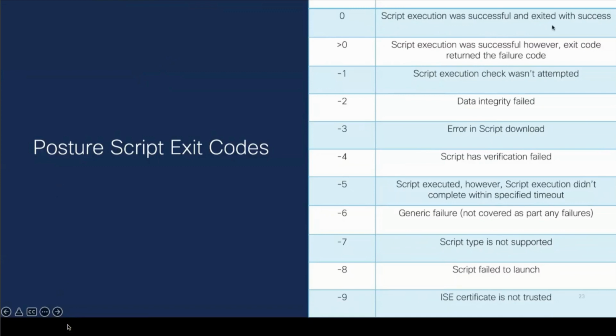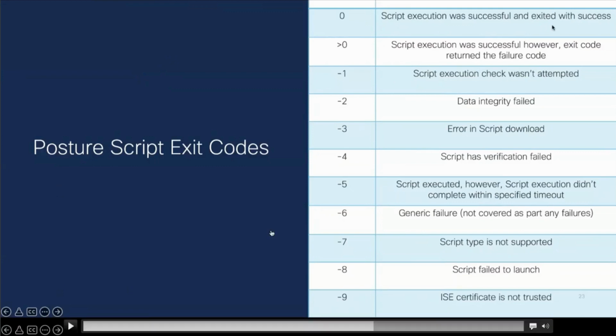So you might be wondering now, what are those exit codes, right? Those exit codes are for you to refer to whether the script execution was successful or failed, or even whether the download failed itself, or whether any tampering happened. So these are the exit codes that we have whenever script execution happens.